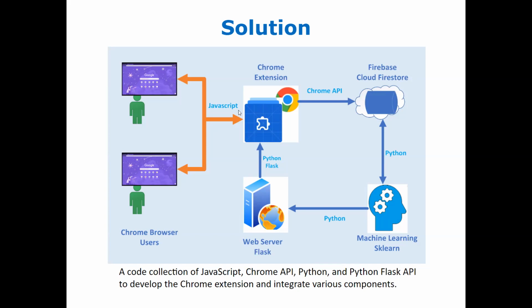And then after that, it'll return a result through the web server Flask, which is basically like a website that runs a certain algorithm, and that'll return the result back to the Chrome extension. In turn, that Chrome extension will return the result of the new URL to the Chrome browser user in a little pop-up in the top right.